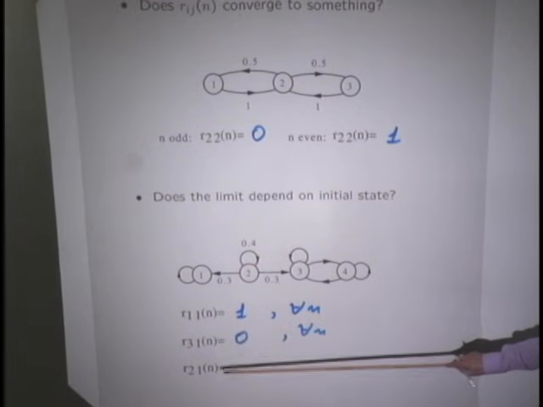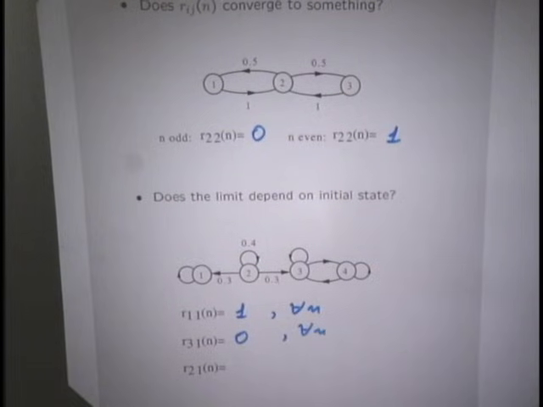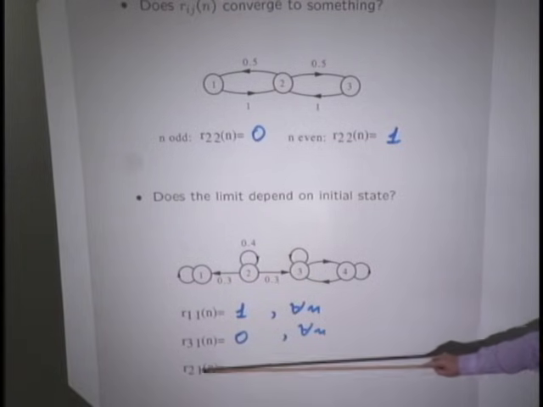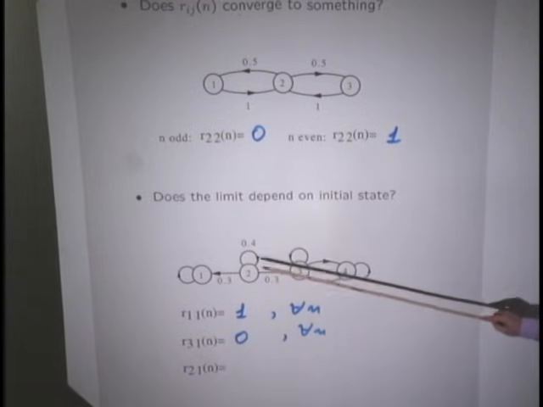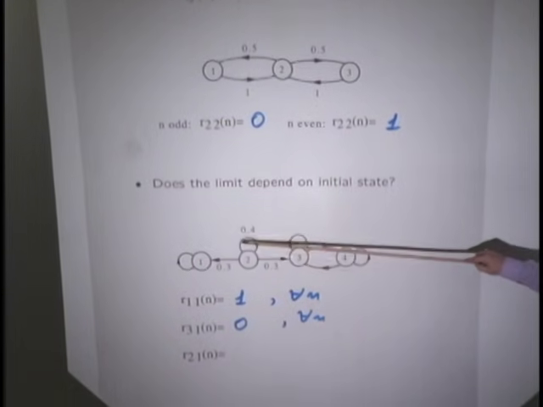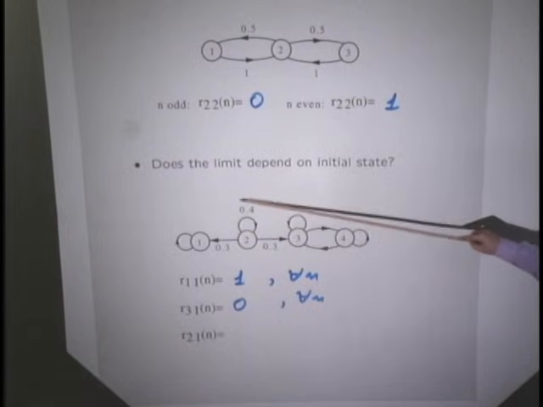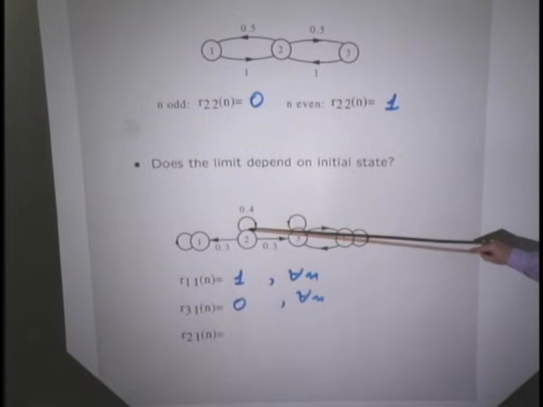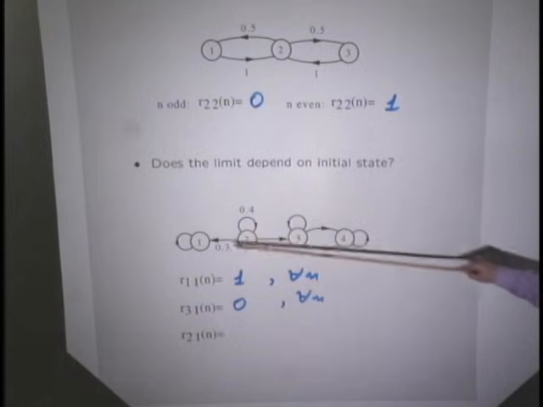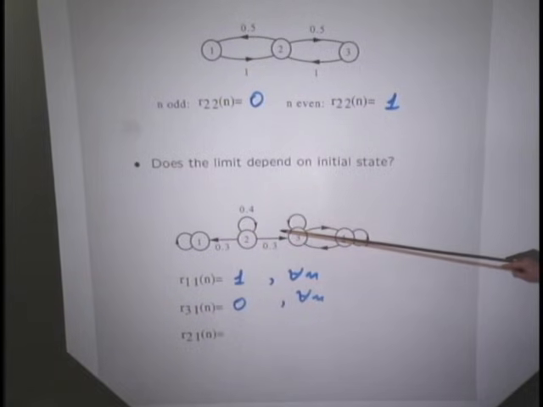Finally, let's answer this question here, at least for large n's. What do you think is going to happen in the long term if you start at state 2? If you start at state 2, you may stay at state 2 for a random amount of time, but eventually this transition will happen or that transition will happen.